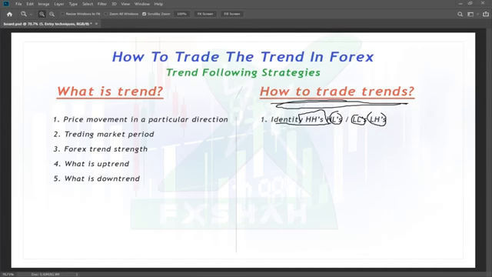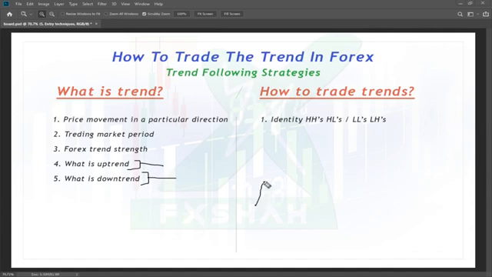As we discussed in the previous example, in an uptrend, an up move with a retracement, then a down move, makes higher lows and higher highs, called an uptrend, or lower highs and lower lows, called a downtrend, right?